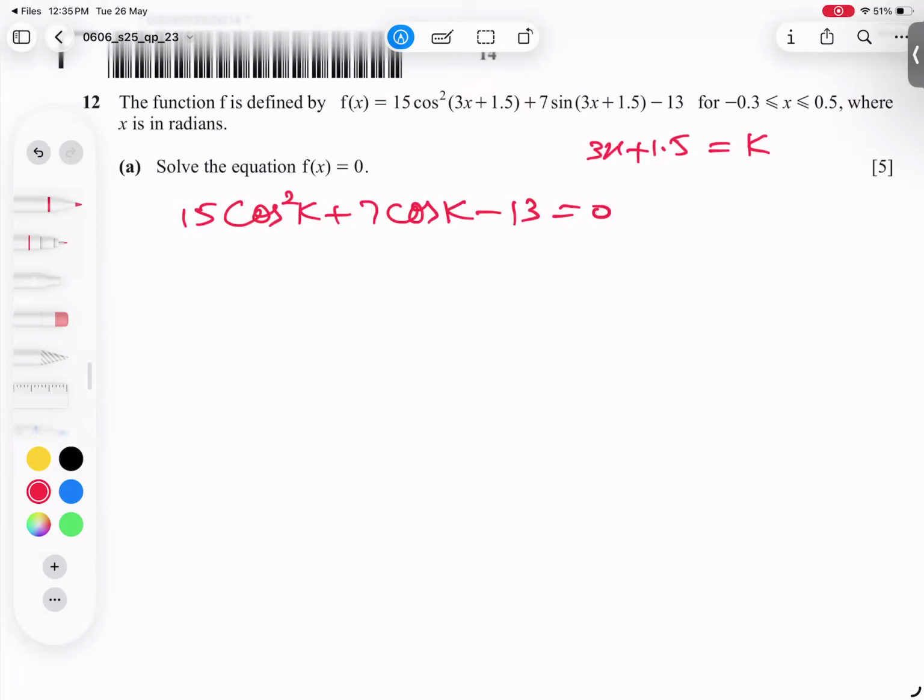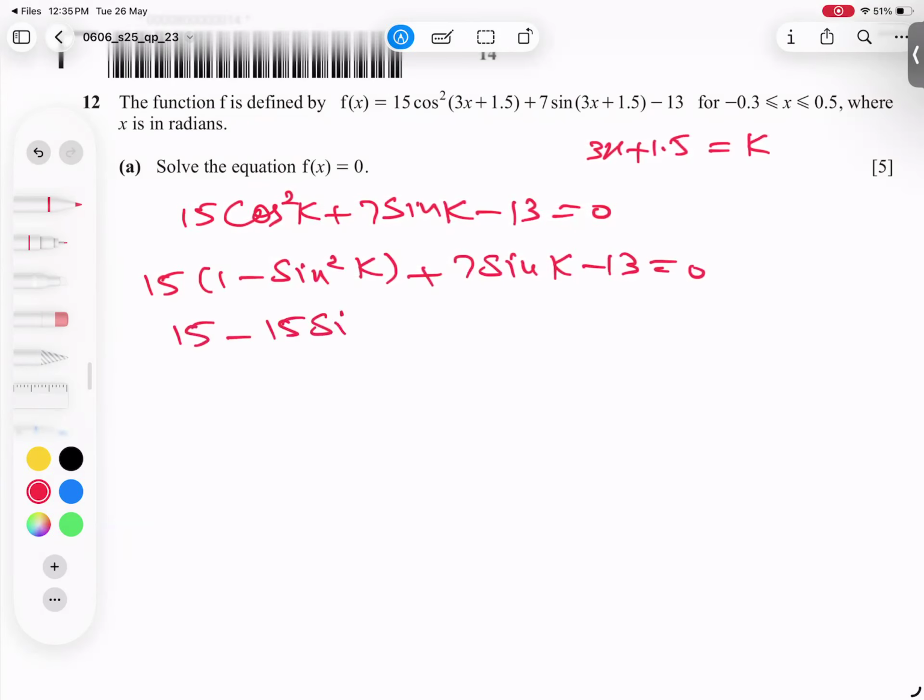Now, this is a sine, not a cos, so I can replace cos square by 1 minus sine square k. So 15 minus 15 sine square k plus 7 sine k minus 13 equal to 0.